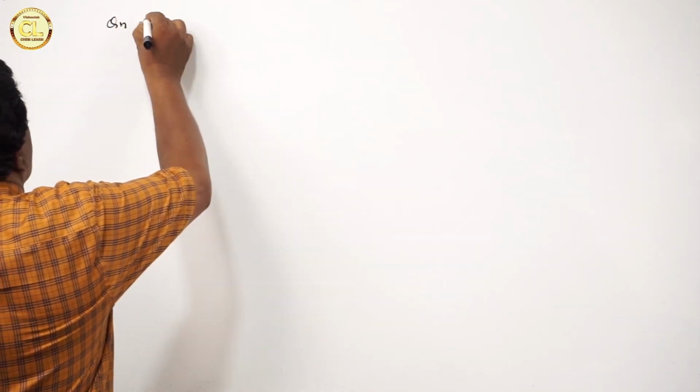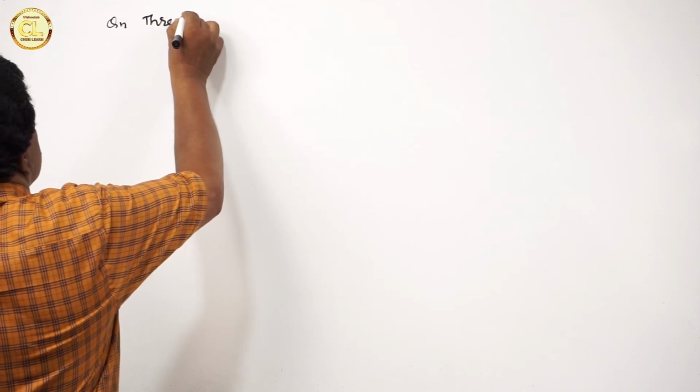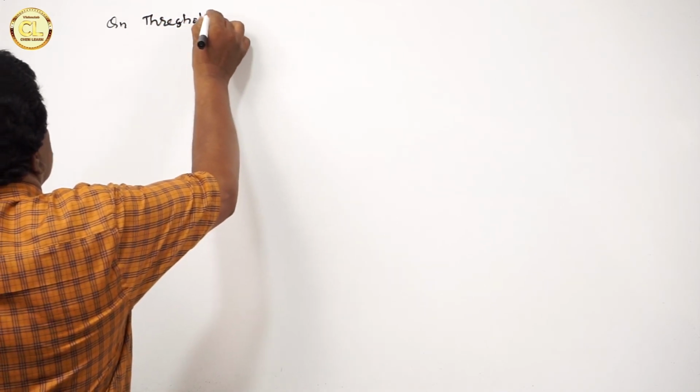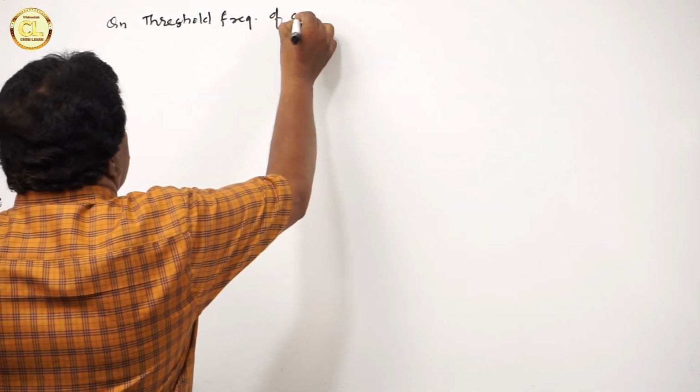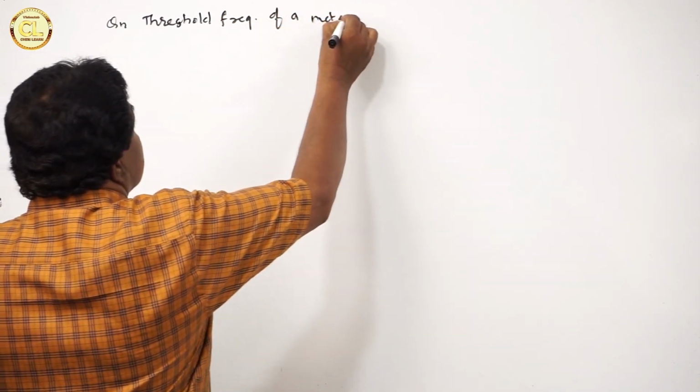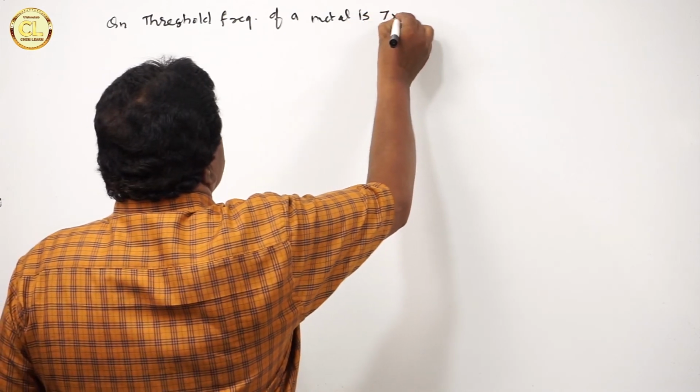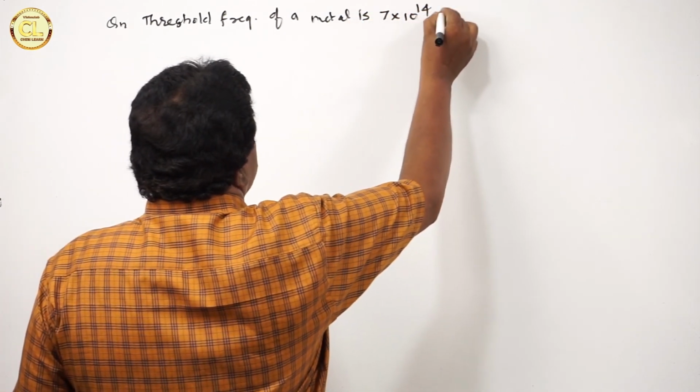Another question. Threshold frequency of a metal is 7 into 10 raised to 14 per second.